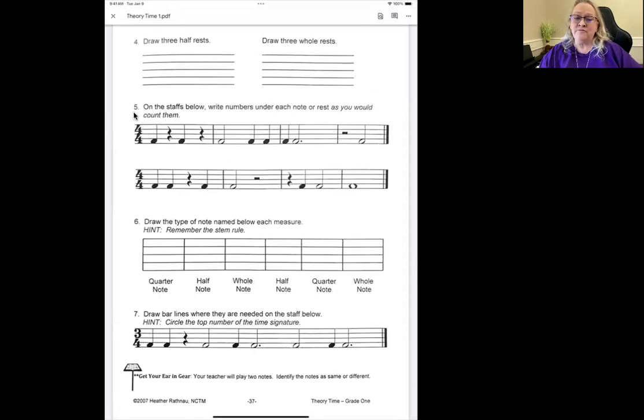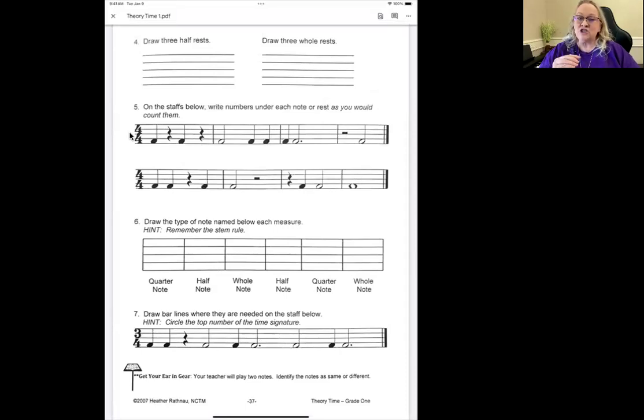On question number 5, it says on the staffs below, write the number under each note or rest as you would count them. I suggest that you use the 1, 2, 3, 4 way. But if you like the other way where you go 1, 1, 1, 1, that is not incorrect.